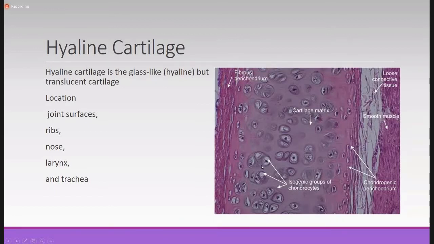The locations of the hyaline cartilage are the joint surfaces, the ribs, the nose, larynx, and trachea. One of the microscopic features of the hyaline cartilage is the presence of the chondrogenic perichondrium towards the periphery.